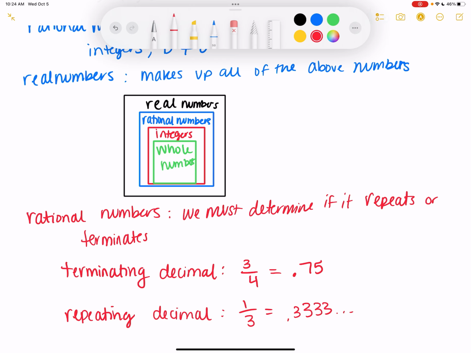A lot of this section is going to be like put the numbers on a number line, and then it'll say something like tell if it's a rational number, an integer, whole number. And then it may ask you if it's a repeating or terminating decimal, if that applies.